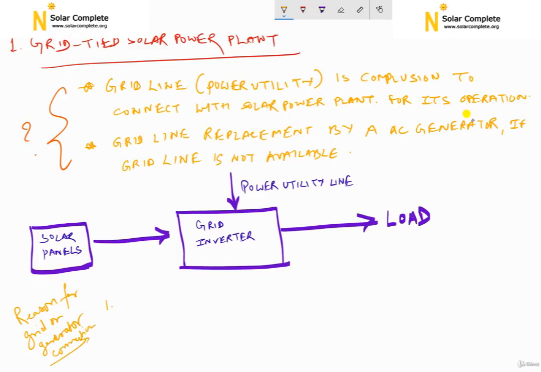So in summer it will be well fulfilled by the solar panel because sunlight is good. But in rainy seasons, the solar panel shows some reduction in solar power, not totally. In rainy seasons also the solar panel will be able to generate power, but not exactly the same as in the summer season.